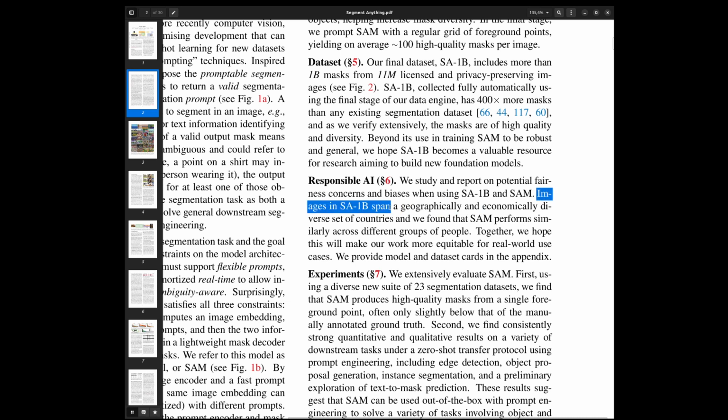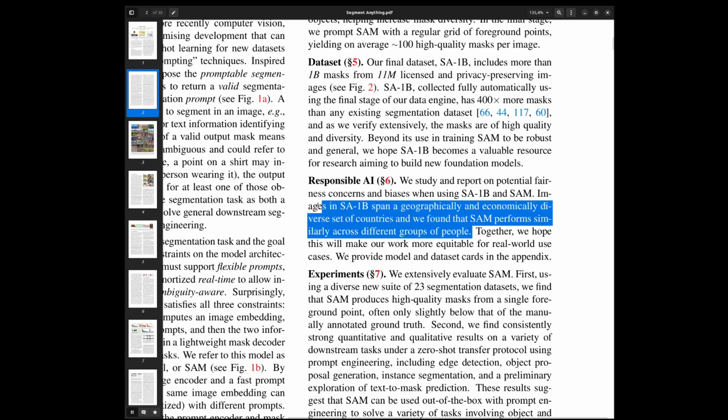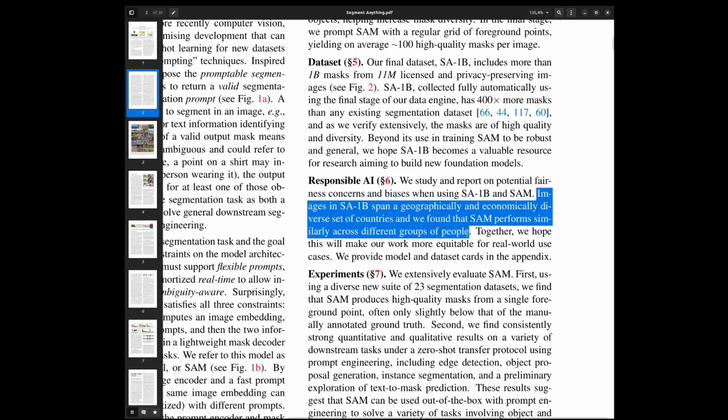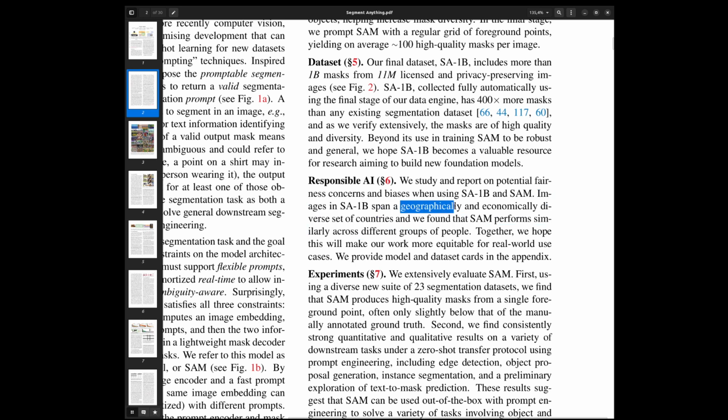Images span a geographically and economically diverse set of countries, and we found that SAM performs similarly across different groups of people. This is interesting. This is probably the first time I'm seeing this in a famous computer vision paper, the geographic and economic diversity, because images on the web usually come from Europe and the United States.